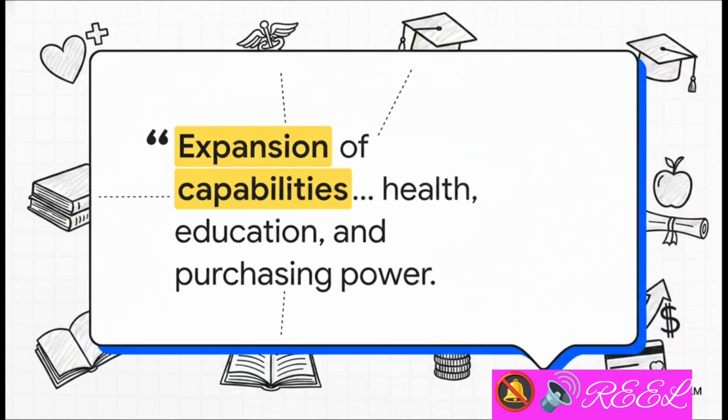He defines human development as the expansion of capabilities of people. The core capabilities he identifies are exactly what the UNDP tries to measure: health, education, and purchasing power. It's just a totally different way to look at progress.